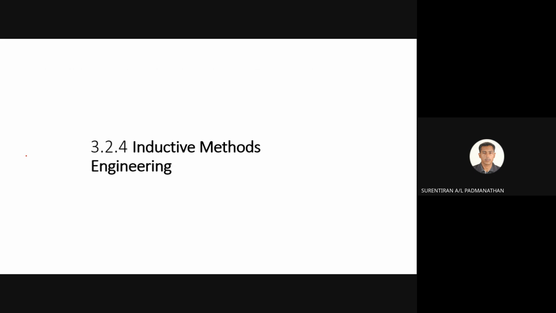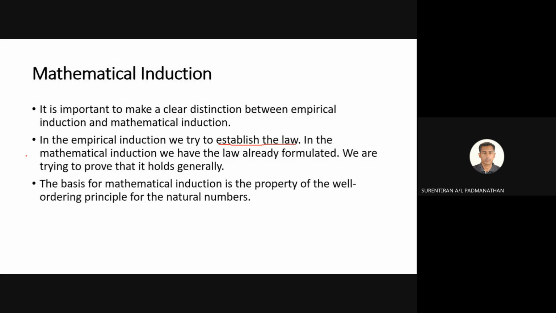So next is the inductive method. So mathematical induction. It is important to make a clear distinction between empirical induction and mathematical induction. So in empirical induction, we try to establish the law. Okay, in mathematical induction, we have the law already formulated. Okay, so you need to understand.